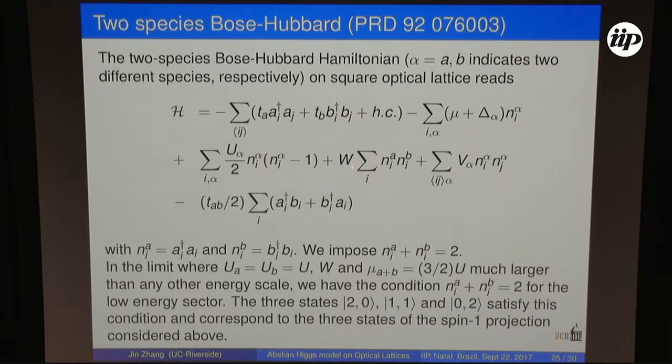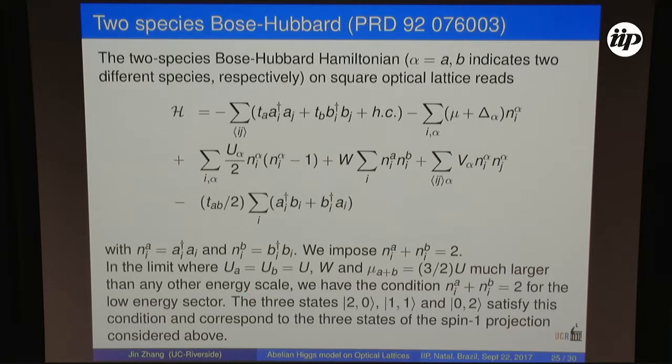Here this is the interspecies interaction, and the nearest site interaction, and this is hopping between different species. If we want to do spin-1 truncation, we need to keep NA plus NB equals 2.